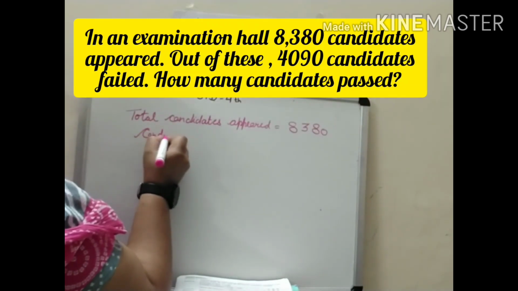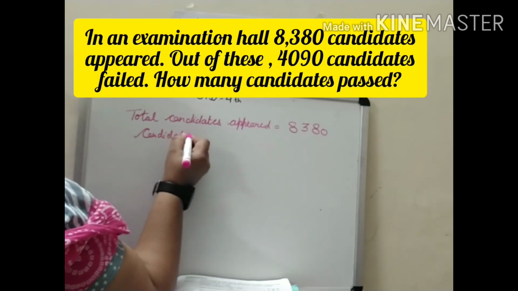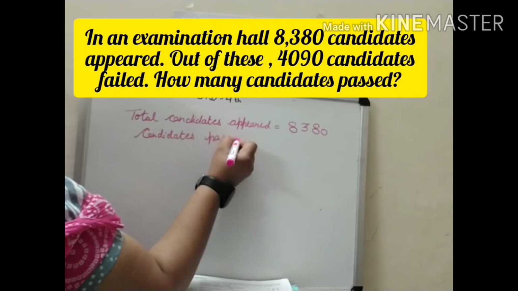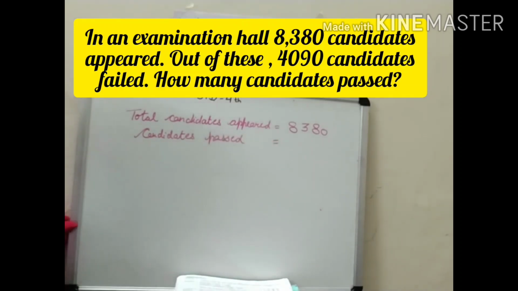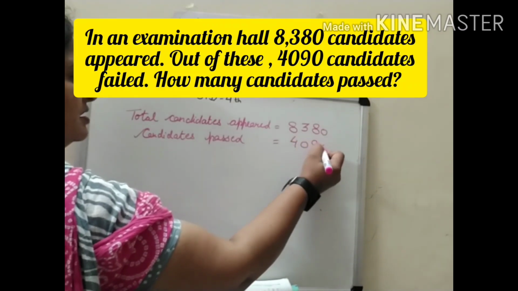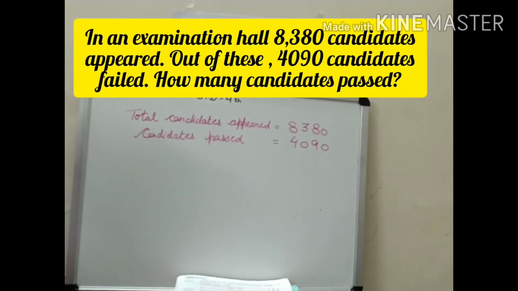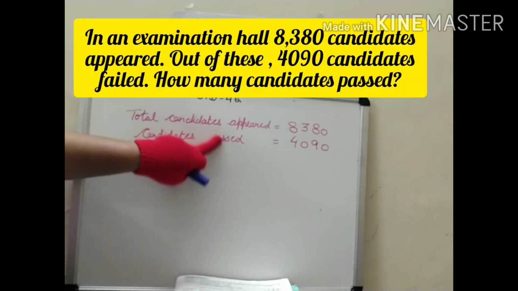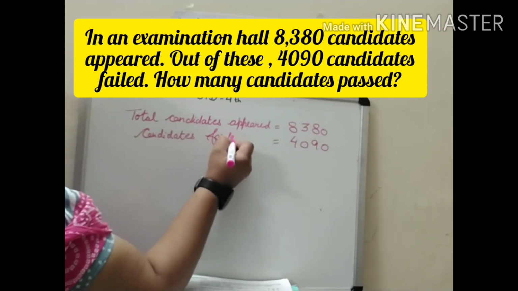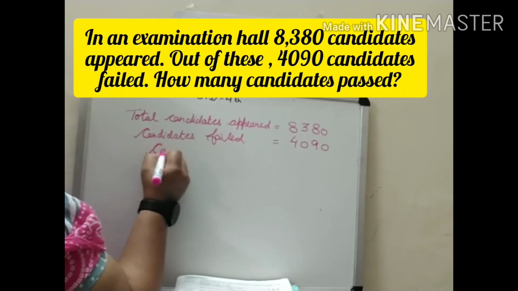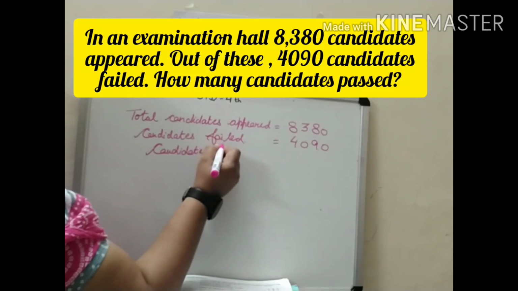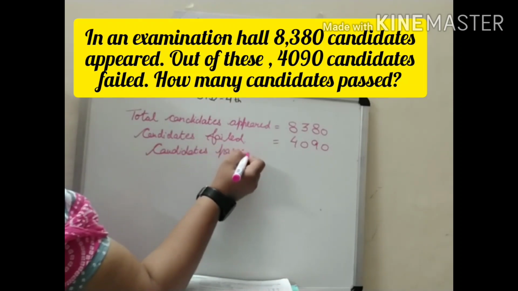Candidates passed, or you can write number of candidates passed, or candidates passed, one and the same thing, that is 4,090. Now the question is, these are candidates failed. The question is how many candidates passed. So the last line will be candidates passed.